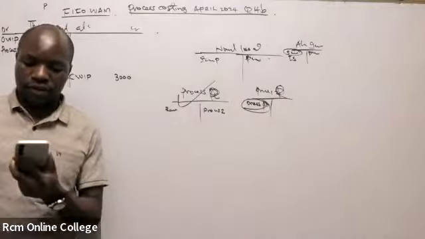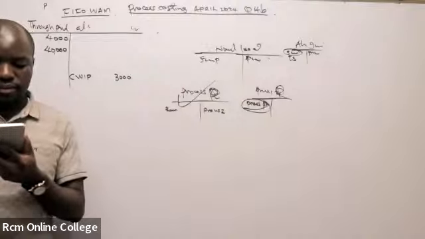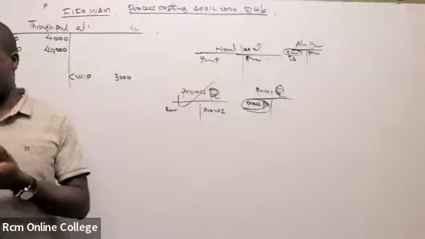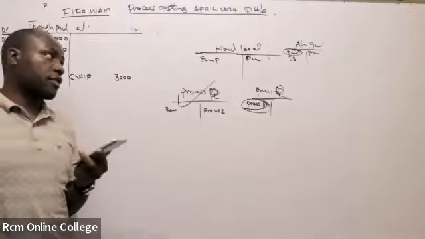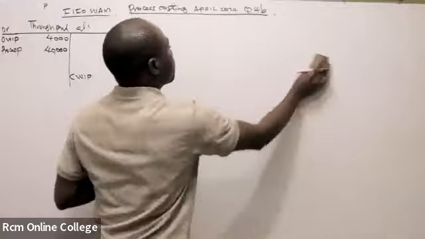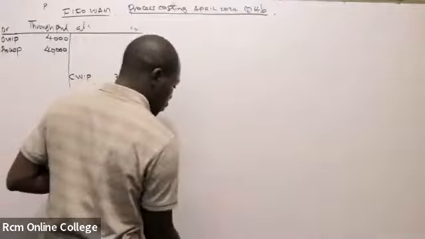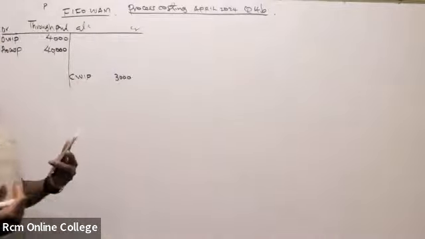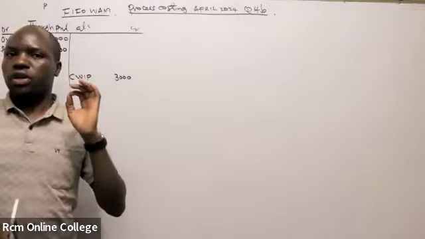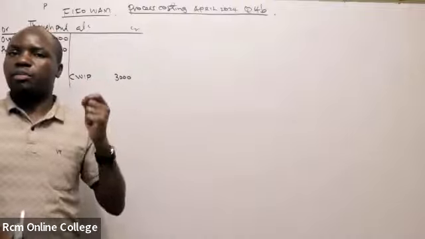The next thing we are given, number 6: the normal process loss was 5% of the expected production. On Tuesday, we said that normal loss is equal to maybe 5% of the total input, without work in progress.